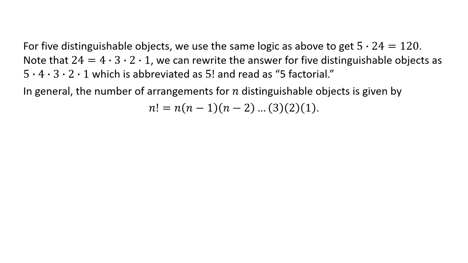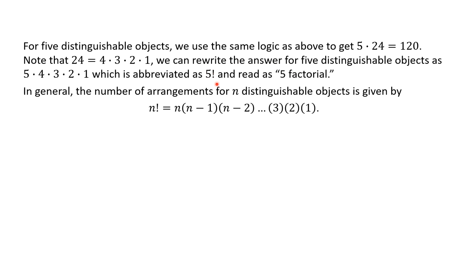For 5 distinguishable objects, we use the same logic as we did for 3 and 4. We take any one of the 5 objects going first, and then we know that there's 24 arrangements for the other 4. So it's just a matter of multiplying 5 times 24 to get 120. And if we recognize 24 as being 4 times 3 times 2 times 1, we can rewrite the answer as 5 factorial.